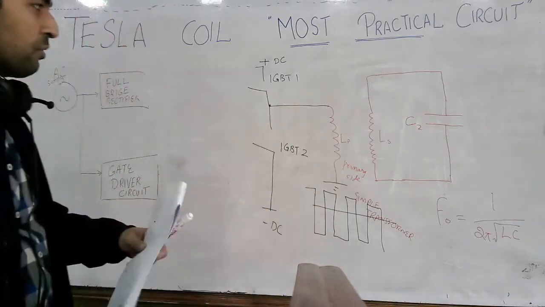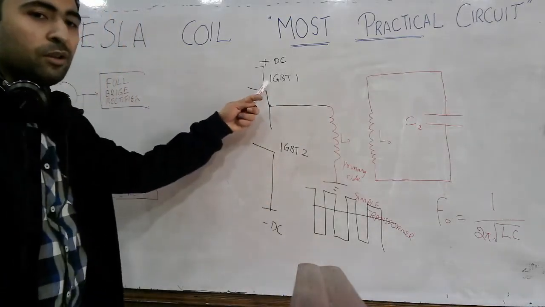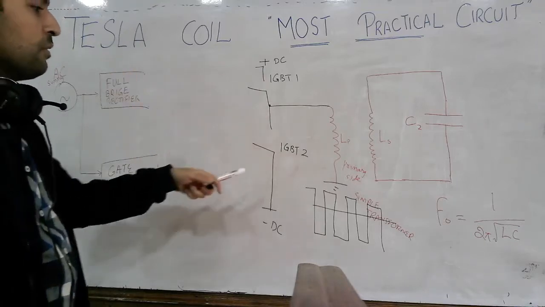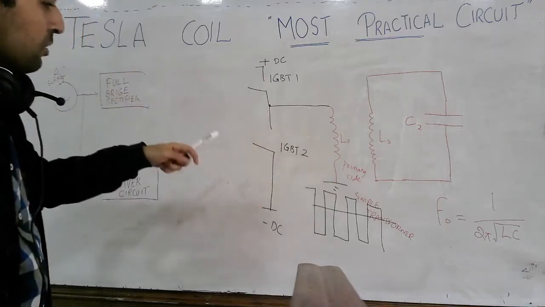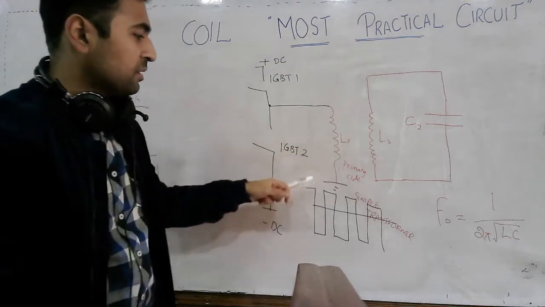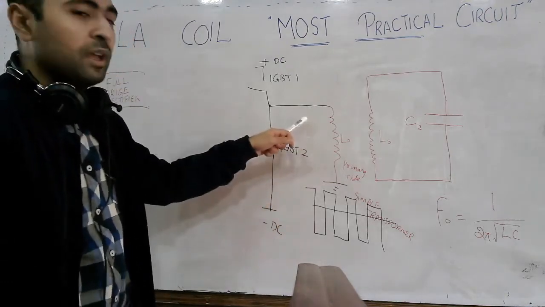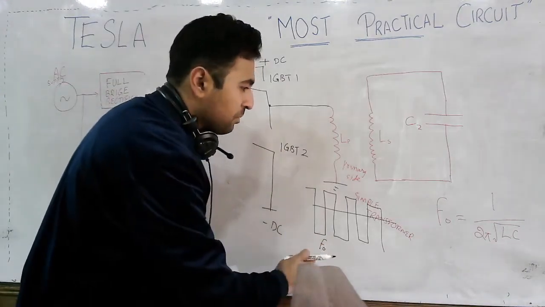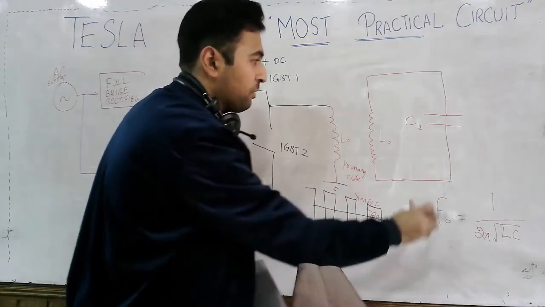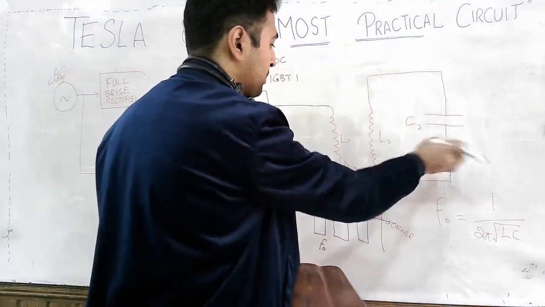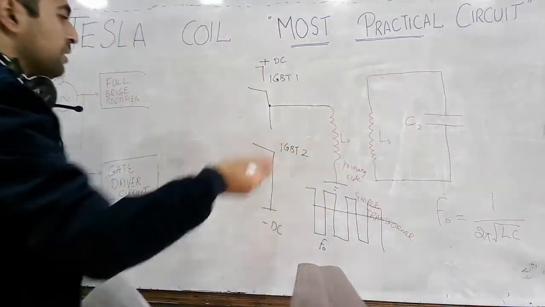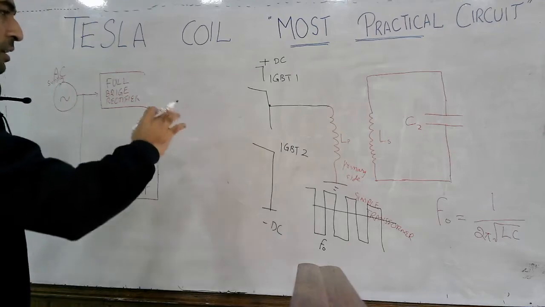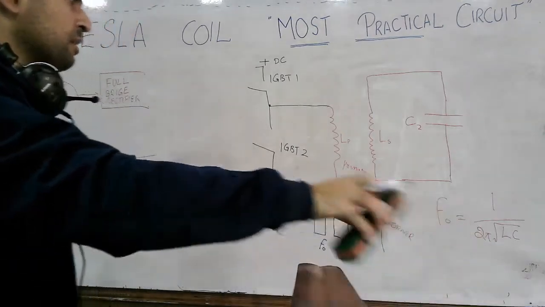So we will first turn this IGBT on, and next we will turn this IGBT on. So you are able to get such a type of waveform here, and the frequency of that waveform must match with the frequency of this inductor and capacitor on the secondary side. Okay, now let's get more into detail.